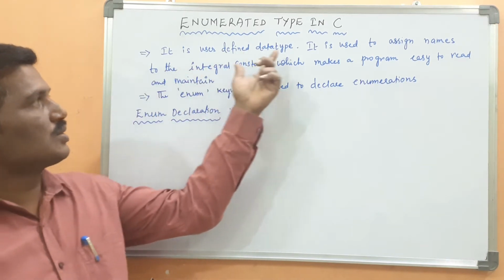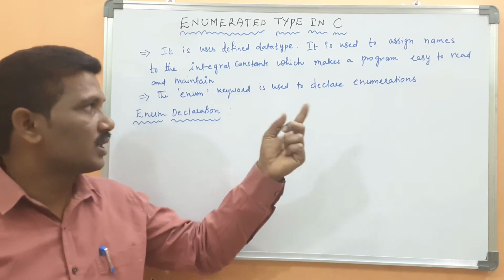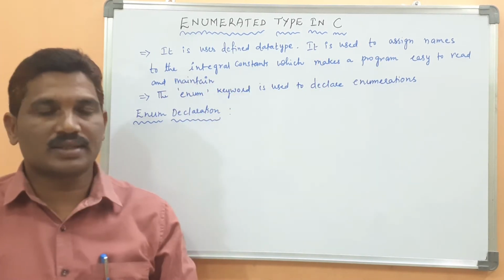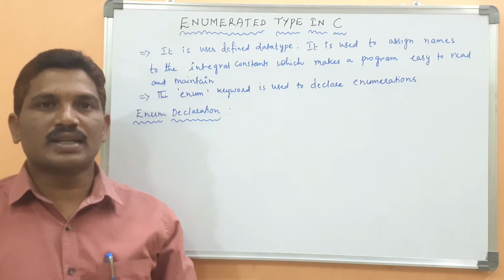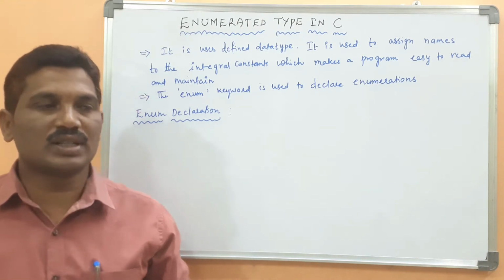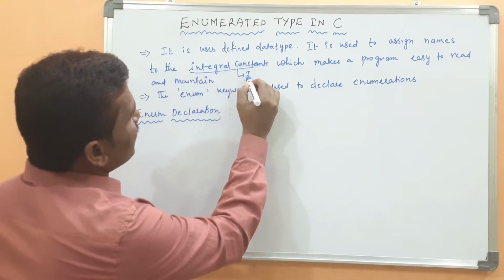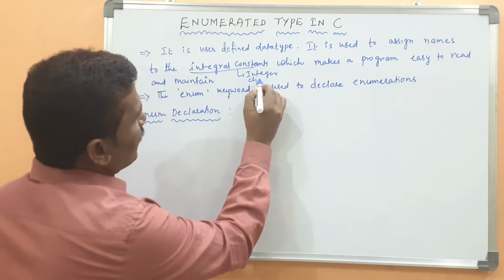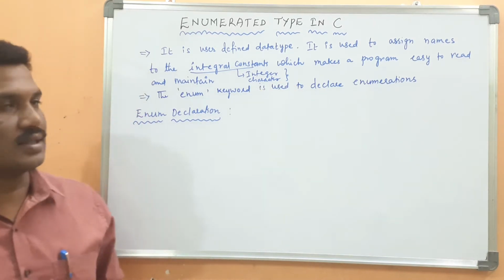Here, it is a user defined data type, but what is the use of the enumerated type? It is used to assign names to integral constants. What is the meaning of that statement? It assigns names to integral constants. What is an integral constant? Integral constant means either an integer or a character, which are called integral constants.